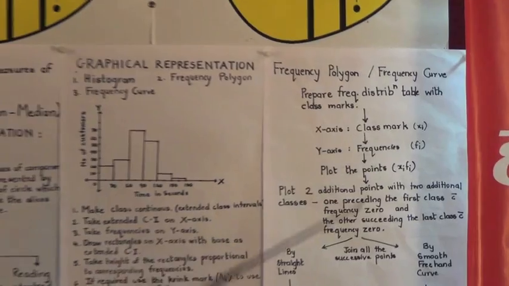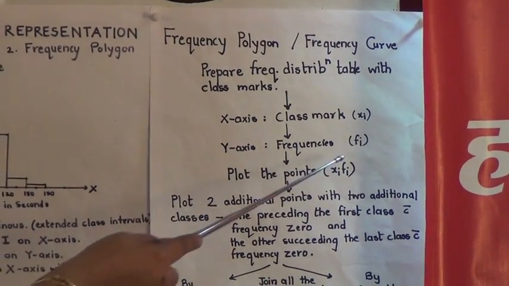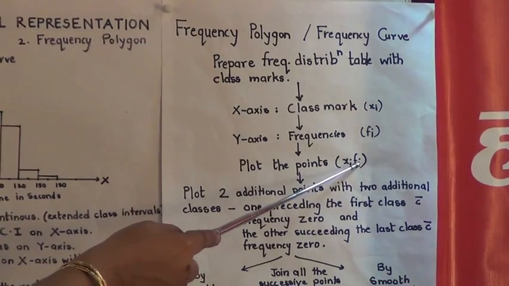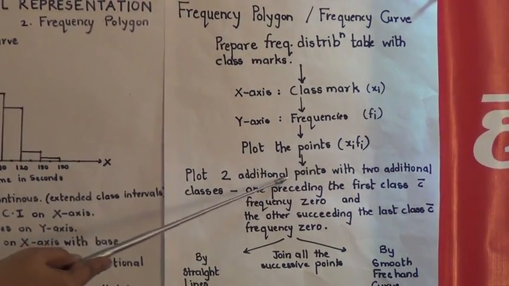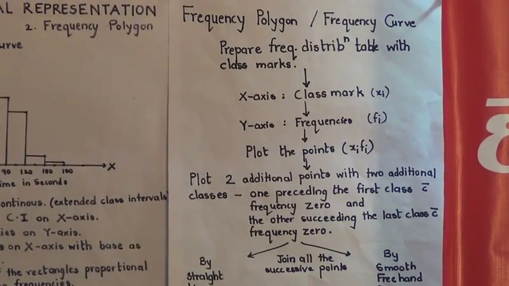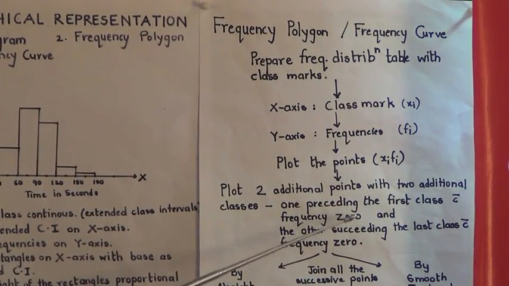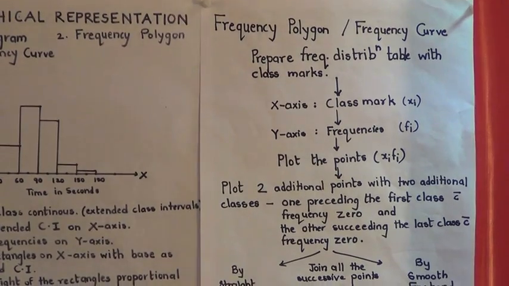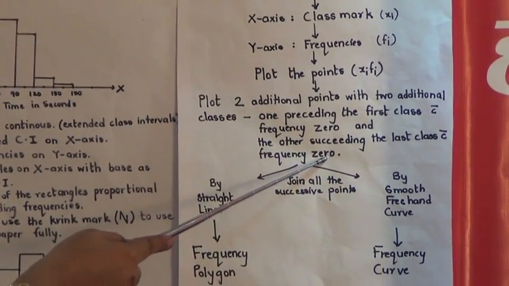On the y-axis, plot all the frequencies. Then plot the points, that is the class marks along with the frequencies. And do not forget to plot two additional points with two additional classes: one preceding the first class with frequency 0 and the other succeeding the last class with frequency 0.